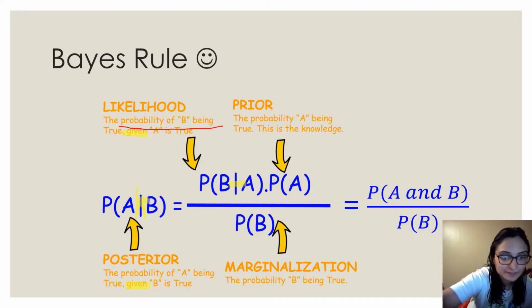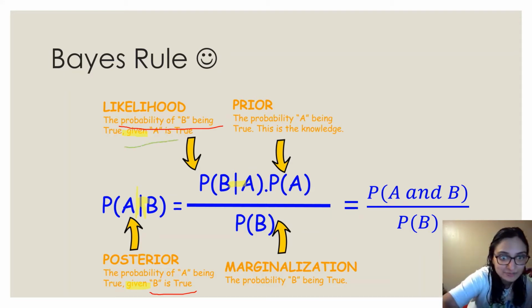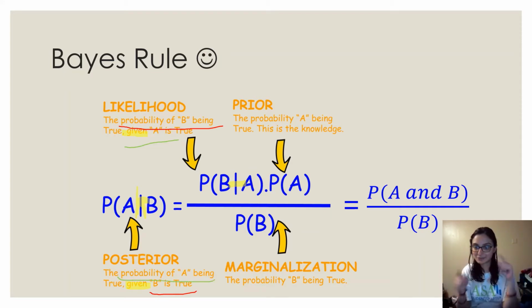But here it's flipped around, where B is actually given. In this one, B is true. But here it's the probability of B being true, given that A is true. So this one is given that A is true, and this one is the probability that A is true. You can see that they're sort of flipped around in a way.